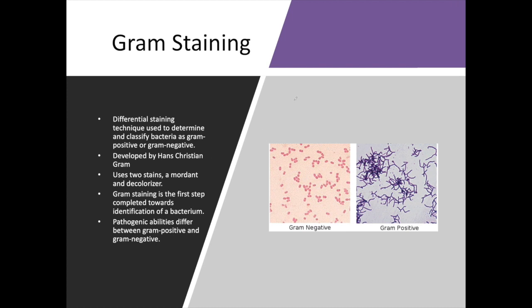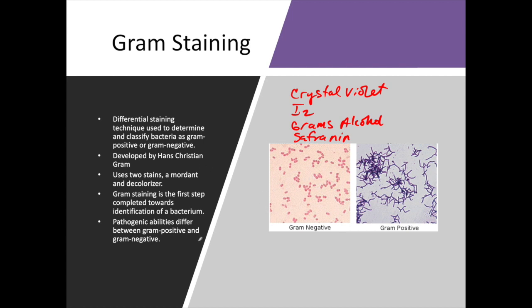It has a primary stain called crystal violet. It has a mordant called iodine. They call it Gram's iodine, but we'll just put iodine. And it has a decolorizing agent called Gram's alcohol, which is really a mixture of acetone and alcohol. And then it has what we call a counter stain, which is safranin. Safranin is that nice reddish color.